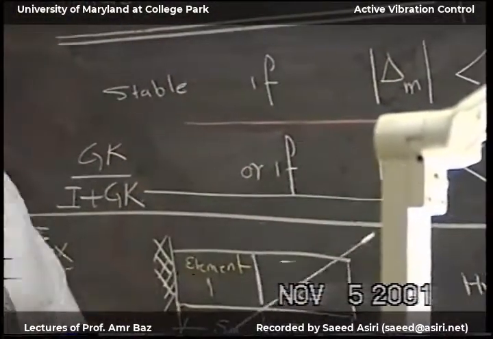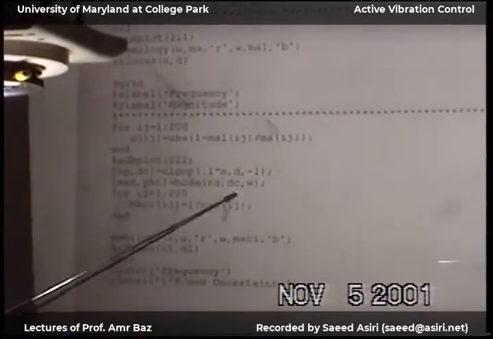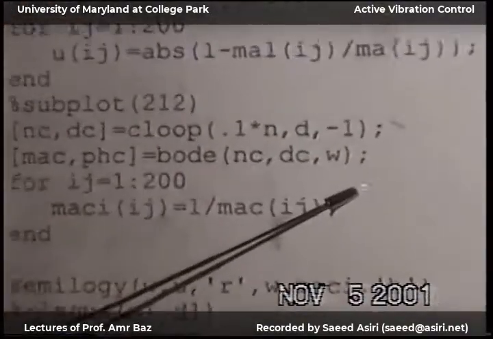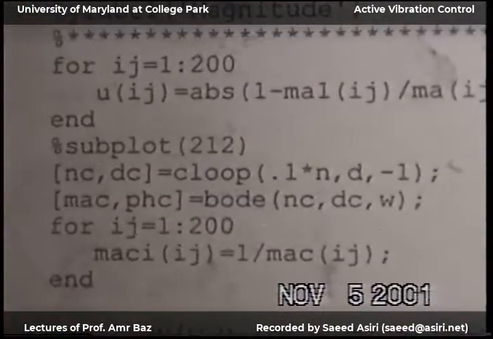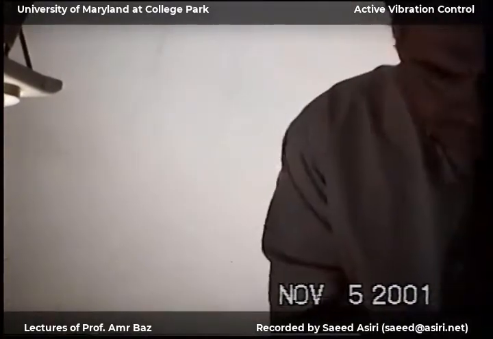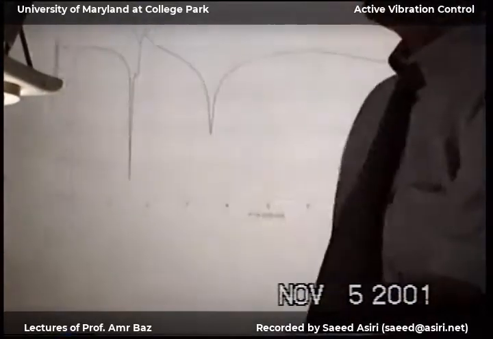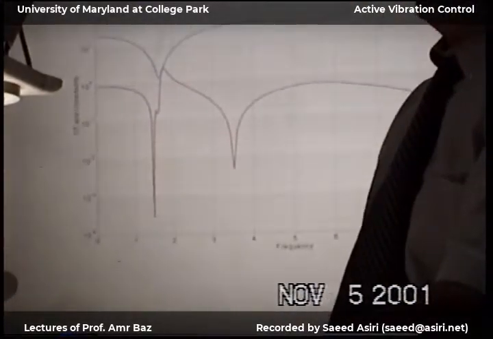Now I'm going to plot the Bode diagram for the closed loop as a function of the frequency. So now the result is this graph that you have.